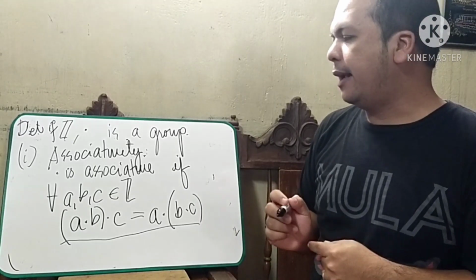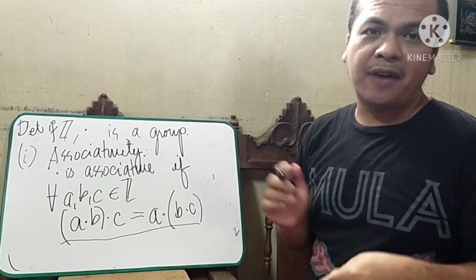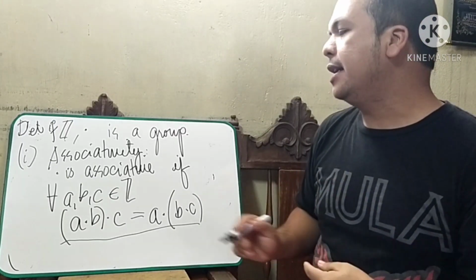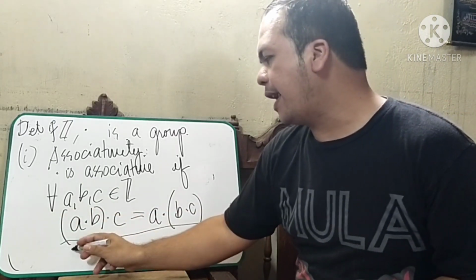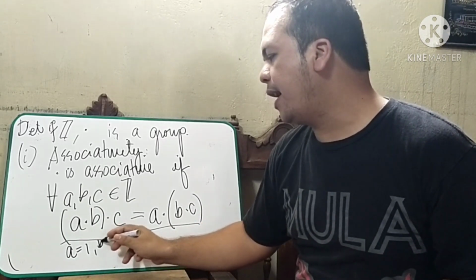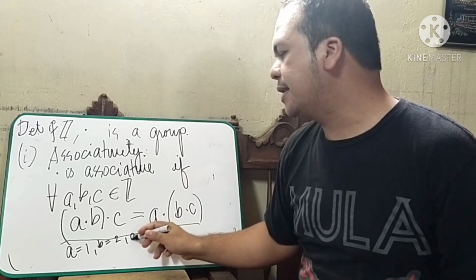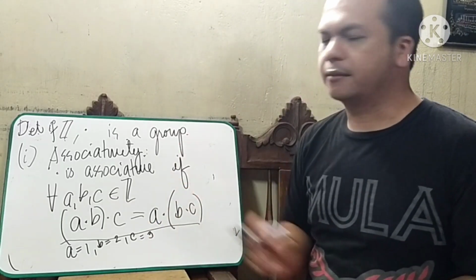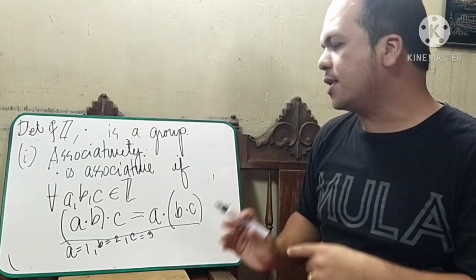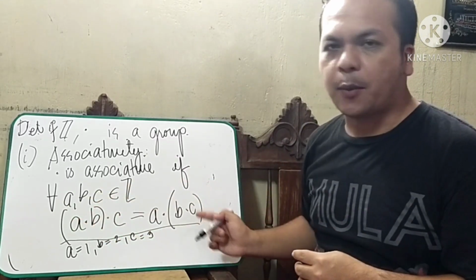Now, we will use the same values for A, B, and C as we did dun sa example number 1 kanina. So, we let A be equal to 1, B equal to 2, and C equal to 3. Okay? So, let's substitute the values of A, B, and C dito sa equation na to.